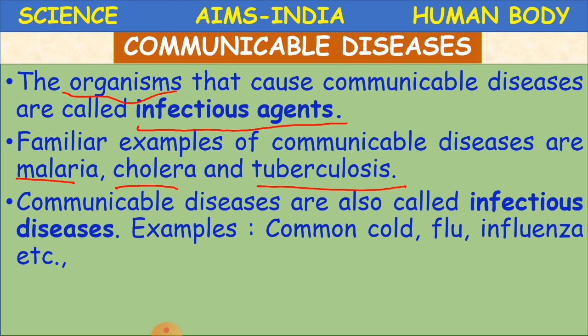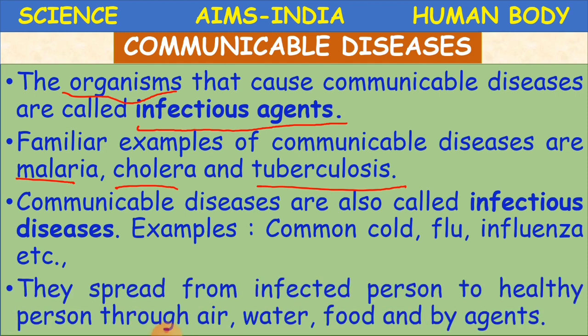So examples like common cold, flu, influenza, with that also you will have a type of fever. So these diseases are infectious diseases. They spread from an infected person to a healthy person through air, water, food, and by agents. How do they spread?